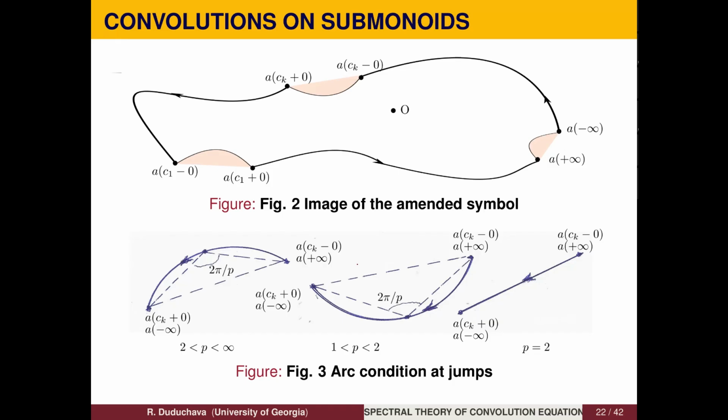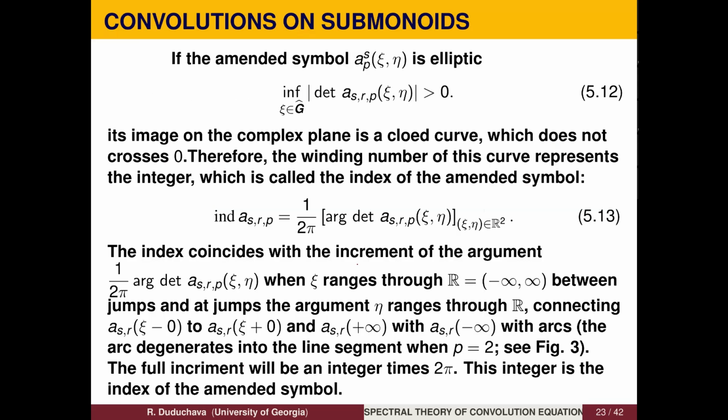And then later, I also defined such an amended symbol for convolution equations and Toeplitz operators in my works. Why do we need this amended symbol? The answer will be given in the next slide.